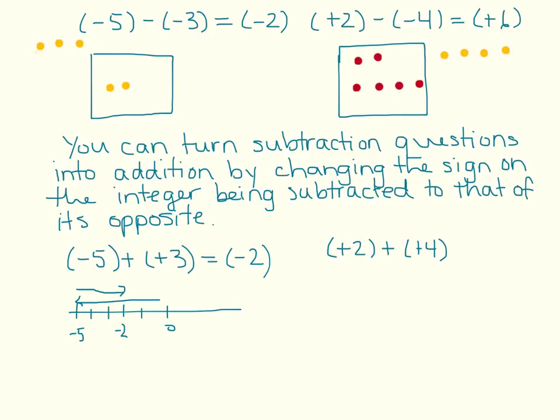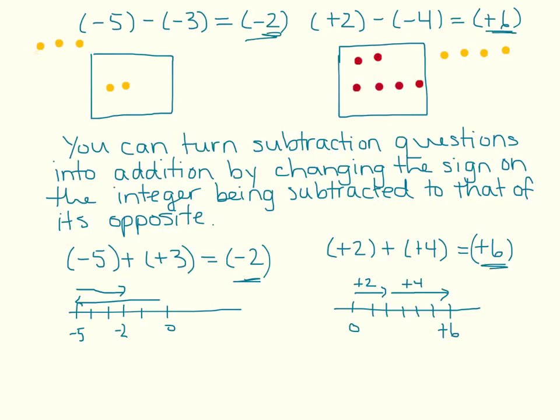And positive 2 plus positive 4, again in our number line, we start at 0, we go up by 2, we start from where we ended and we go up by another 4, and we end up at positive 6. In both of these cases and in the other two cases on the first slide, our answer is the same. So subtraction can actually be turned into addition questions.